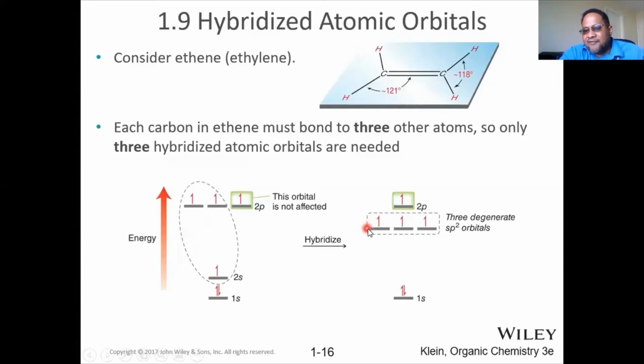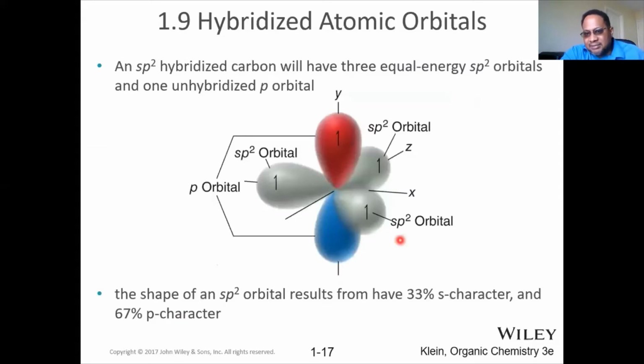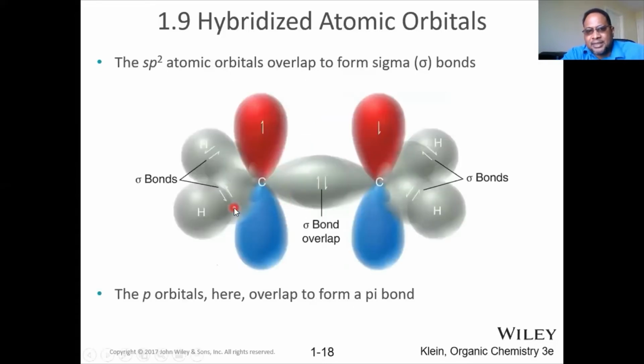So what you have as a result of the hybridization is 3 sp2 hybridized orbitals. What does that mean? That simply means that you have a p orbital that has an electron that's unaffected, and you have 3 sp2 hybridized orbitals. So the question is, how does that affect bonding? Here's how it affects bonding.